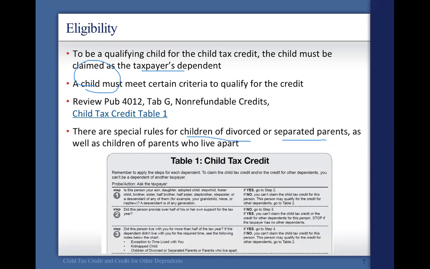You notice that if you recall how divorced and separated parents work from claiming them as any other credit, generally speaking, hopefully this will gauge your memory a little bit more.